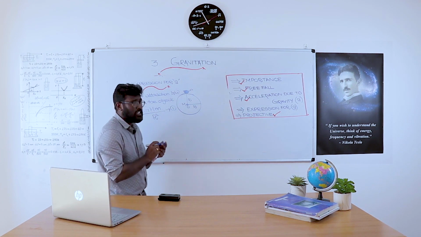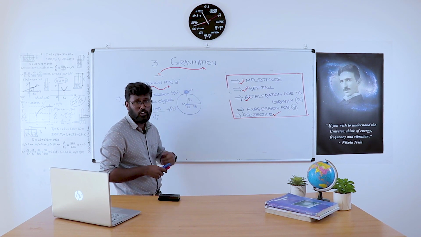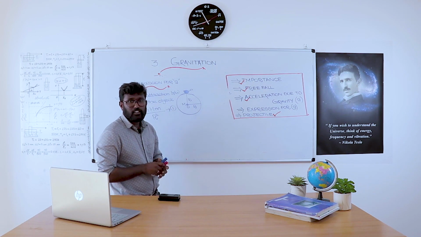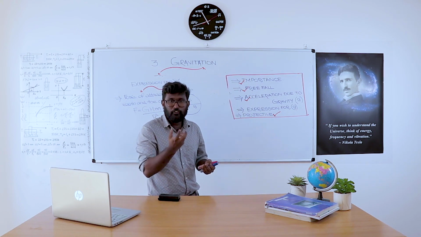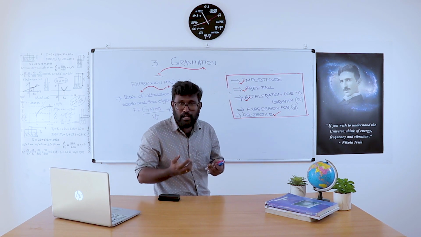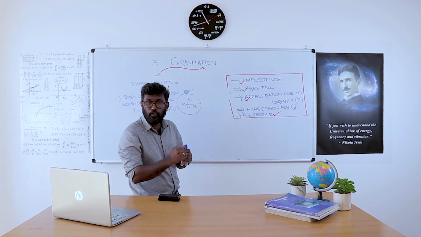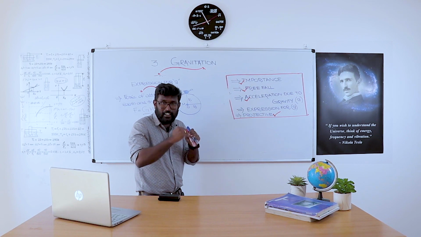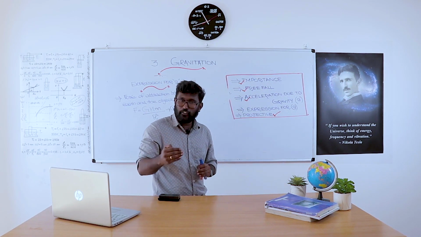Next, there is also another force acting on the particle or the body or the object. That force is called weight. What is meant by weight? The force exerted by the earth on an object is called weight. What is the equation for weight?